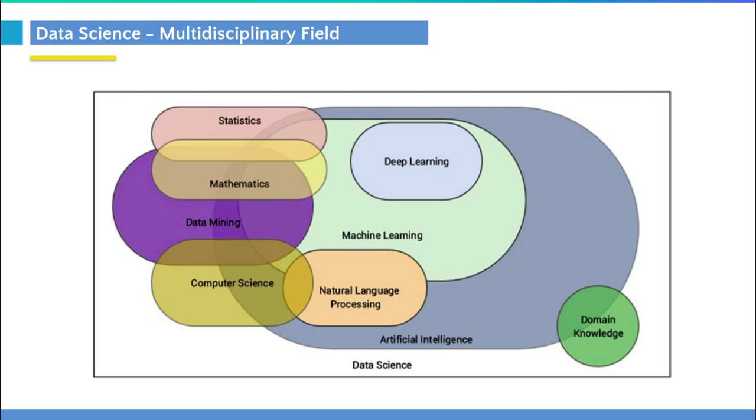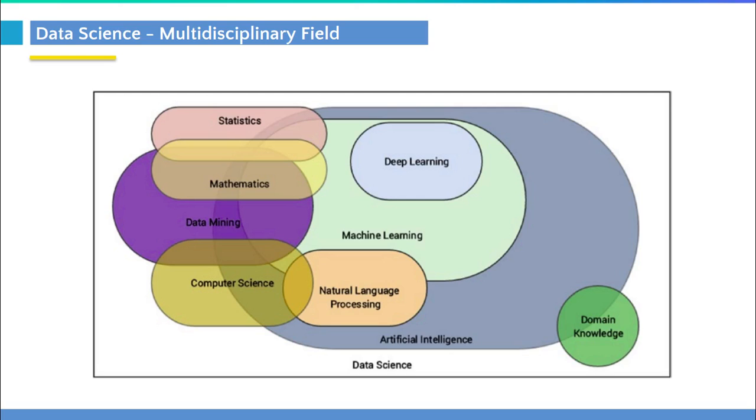There are so many fields to study as a part of data science. We will be touching upon the most important aspects: statistical modeling and machine learning, some bit of artificial intelligence and deep learning. These are the areas where we provide statistics and predictions based on the data, right?